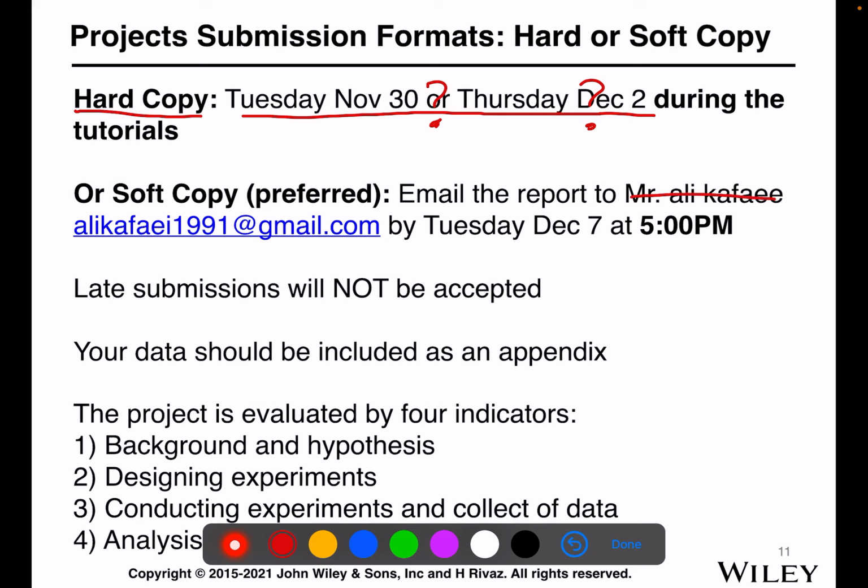And again, this is incorrect. You shouldn't email it to him. He has already created a submission page on Moodle, so you should submit on Moodle. But this time is correct. Tuesday, December 7 at 5 p.m. is when you should submit your project through Moodle. Yes? It's the last day of class, the 6th.